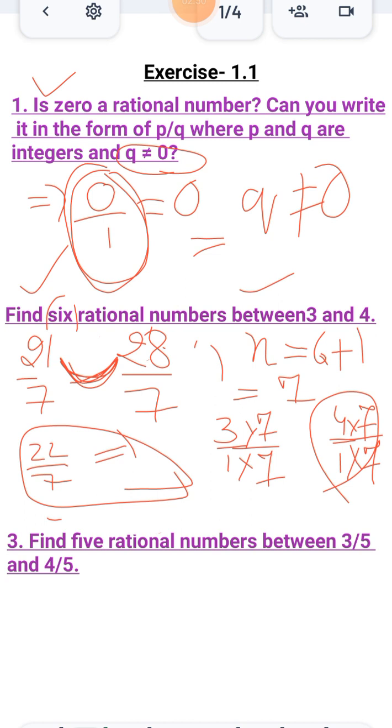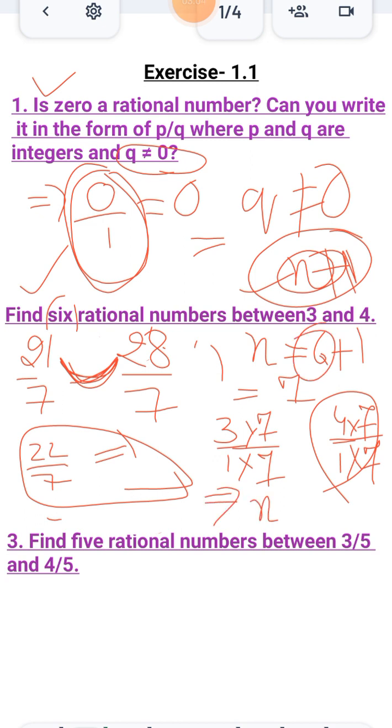Always remember that if you find n rational numbers, then you have to multiply the numerator and denominator by n plus 1. If n is 6, you multiply by 6 plus 1, that is 7. Now the next question is: find 5 rational numbers between 3 by 5 and 4 by 5. We will do the same.